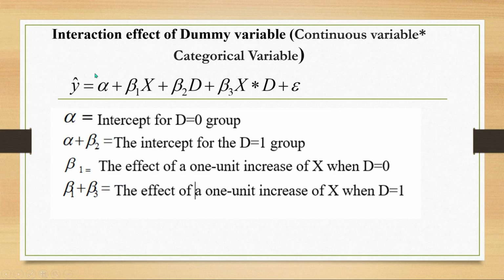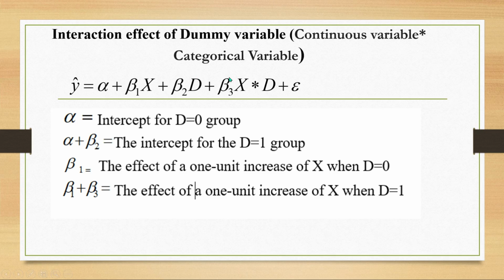The regression result alpha, that is the intercept term, will explain the mean value of the dummy variable's base category. That means whatever your base category is, its mean value is represented by the intercept term. When you add the intercept term to the coefficient value of the dummy variable, you will get the mean value of the other category of the dummy variable.